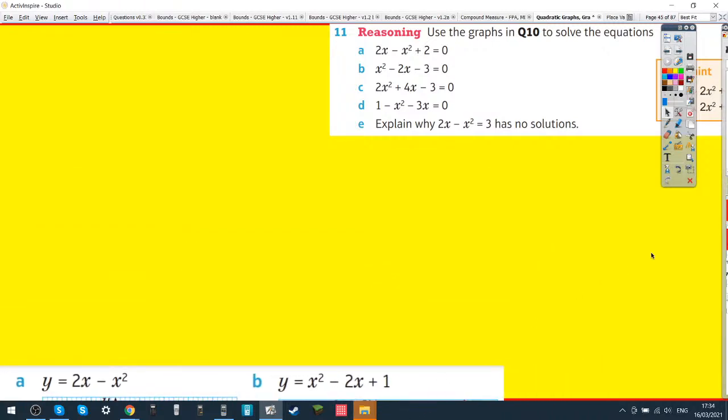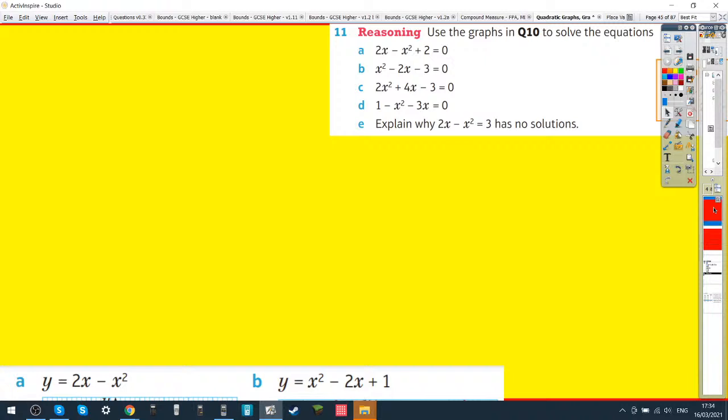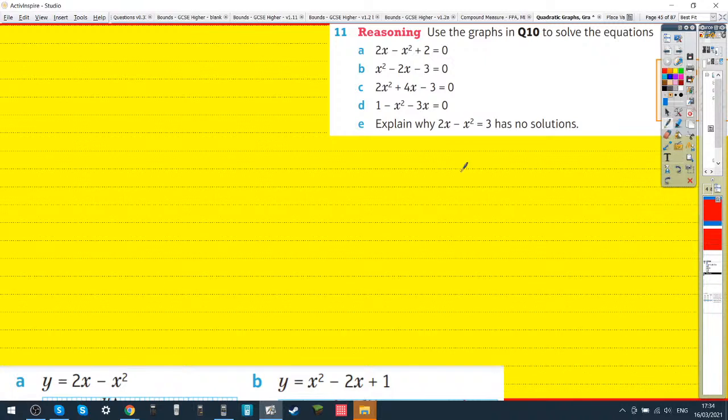So we have 2x minus x squared plus 2 equals 0, and we have to change it into 2x minus x squared.